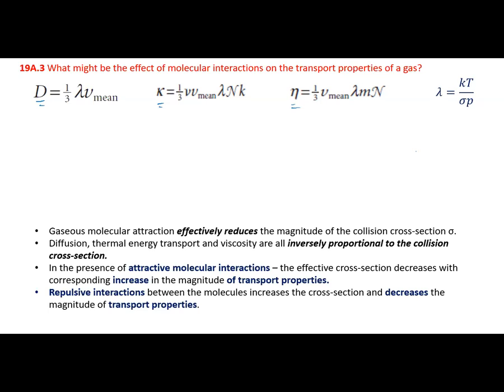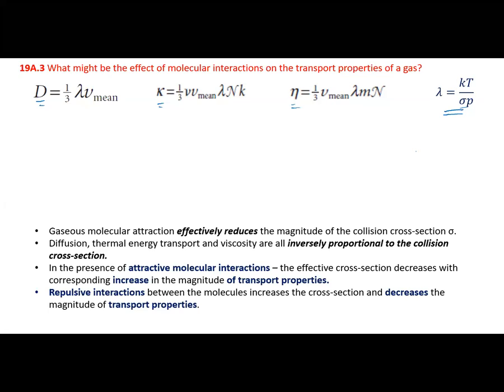Of course, any property that we study has an origin from molecular or atomic interactions. One equation that we already knew is lambda is equal to kT over sigma p. So sigma, this collision cross section, is a very important parameter when we study these interactions.